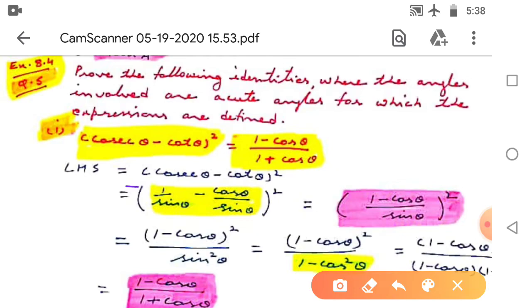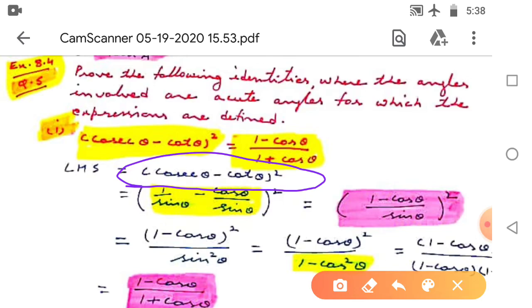LHS is cosec theta minus cot theta whole square. We are not in a position to apply any trigonometry identity directly here. So what's the option? Option is convert into sine theta and cos theta.